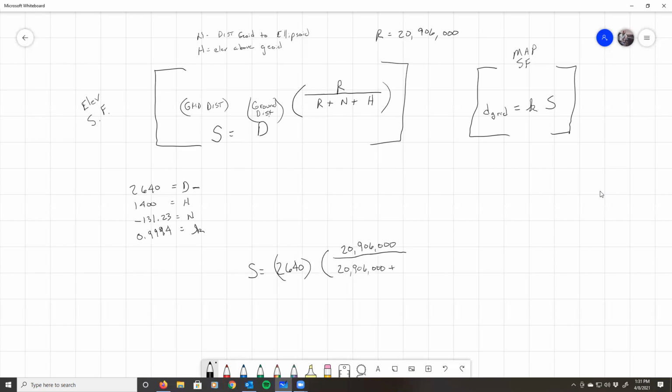Well, if we put in the order there, it'd be negative 131.23 plus 1400.